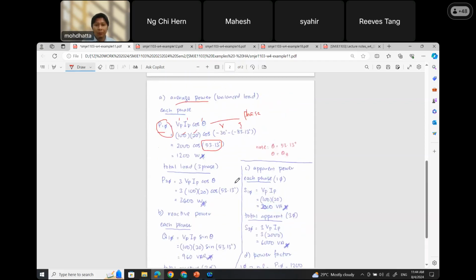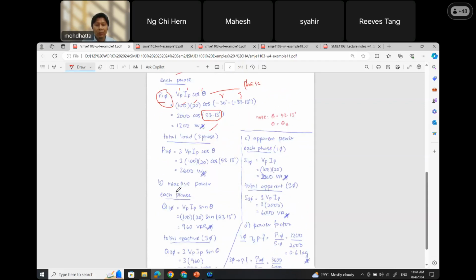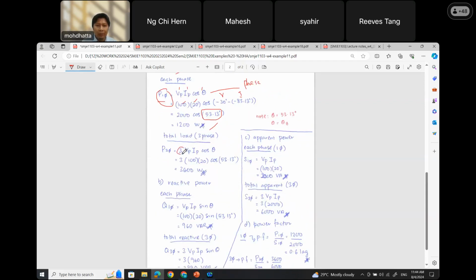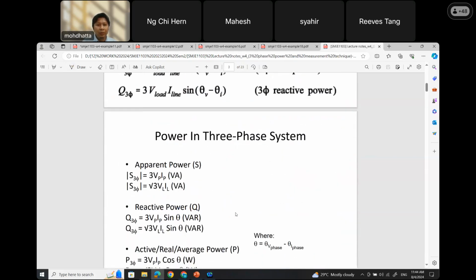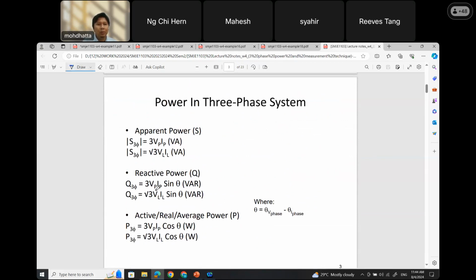To cut short the details, here's the calculation, and for the total three-phase power, we just multiply our phase average or phase active power by 3 to get the total three-phase power. I think it's more convenient compared to using this formula with the line information to calculate your three-phase power.